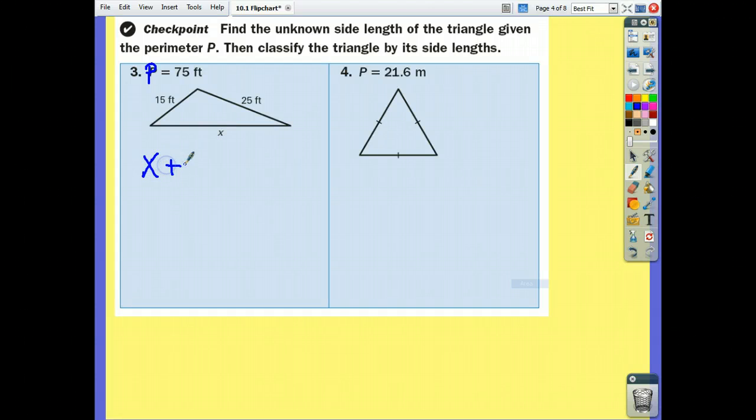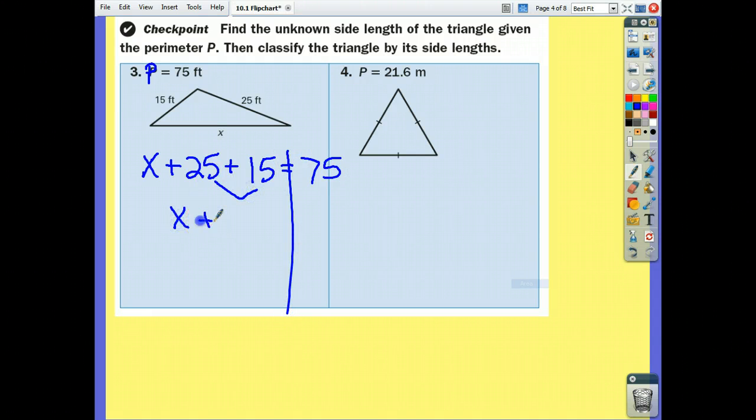X plus 25 plus the third side is what? 15, and they're telling us that if I add those three together, the perimeter is what? 75. All right, combine like terms. X plus, what's 25 and 15?